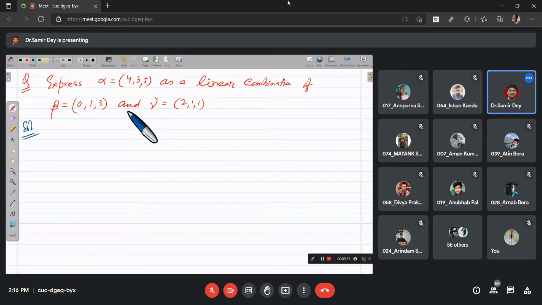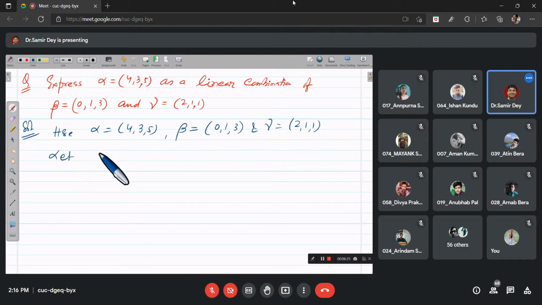Okay. Now you write down the solution. Here alpha is equal to 4, 3, 5, beta is equal to 0, 1, 3 and gamma is equal to 2, 1, 1. So from the statement it is clear that you want to express alpha in terms of beta and gamma. Then you should write: let alpha equal C1 beta plus C2 gamma.